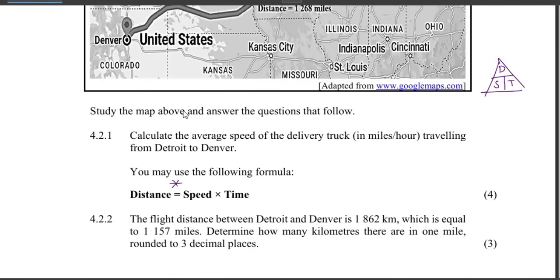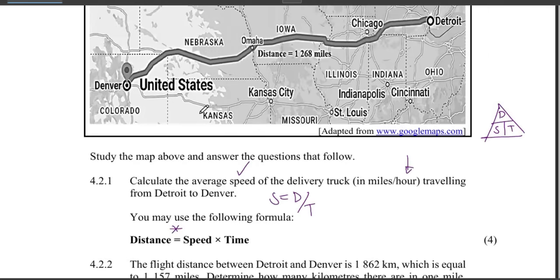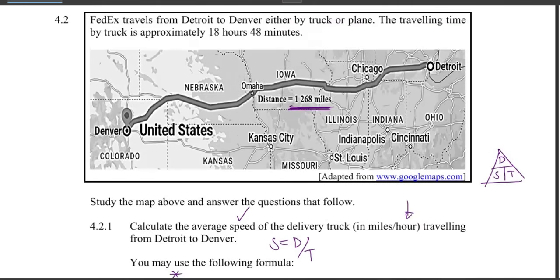So we are looking for the average speed. So speed will equal distance divided by time. Make sure the time is in hours, because the formula is supposed to be in hours. And now this is miles per hour. The distance is there already. So first and foremost, change the time. Change 18 hours, 48 minutes to hours only.